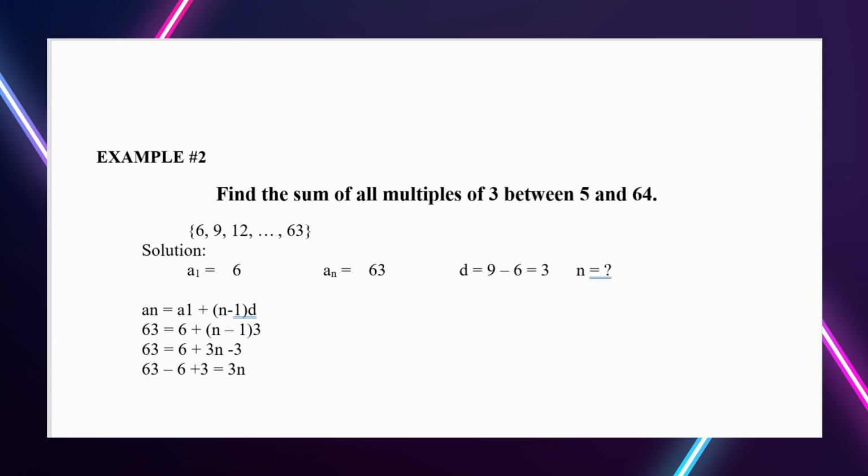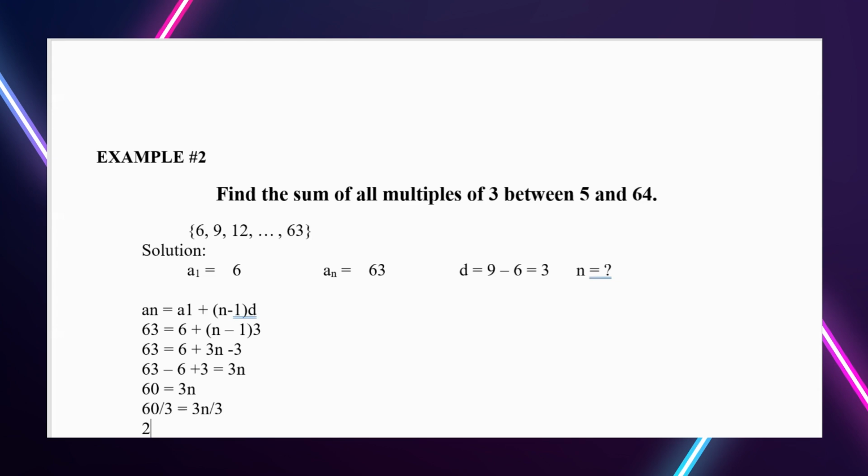Simplify. 63 minus 6 is, very good, it's 57 plus 3 is equal to 60 is equal to 3n. So divide both sides by 3 is equal to 3n divided by 3.